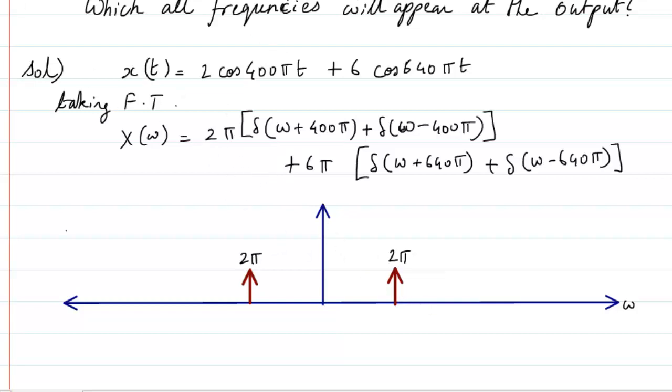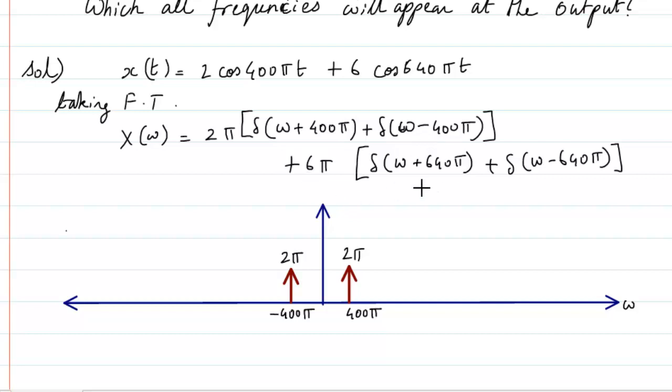I will draw them more close because I want to draw another figure, so I have drawn them closer because I require the space. Okay, so this is going to be minus 400 pi and this is going to be plus 400 pi. So this one stands for this and this one stands for this.